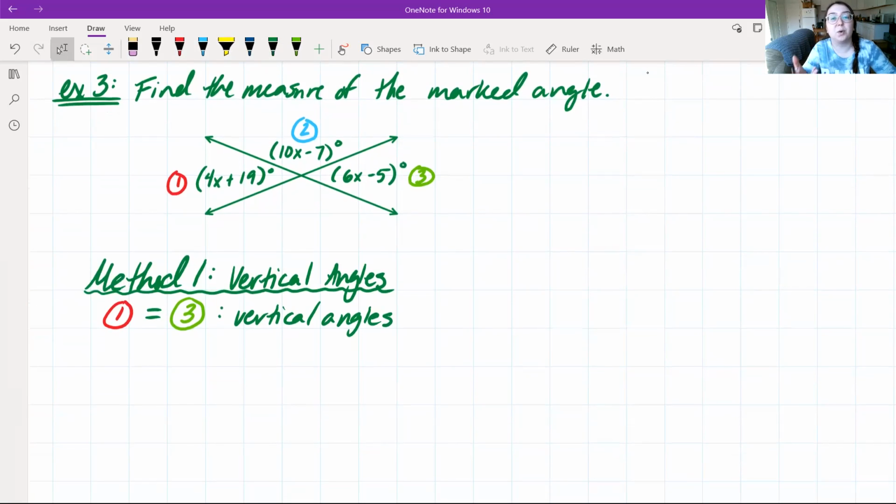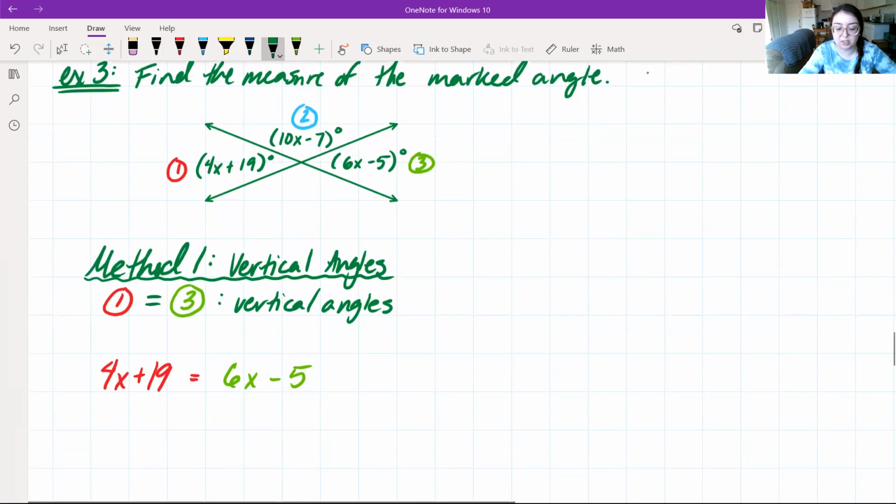This means that our expressions are equal to each other, making one equation. So we're saying that 4x plus 19 is equal to 6x minus 5. So we're setting these expressions equal to each other now.